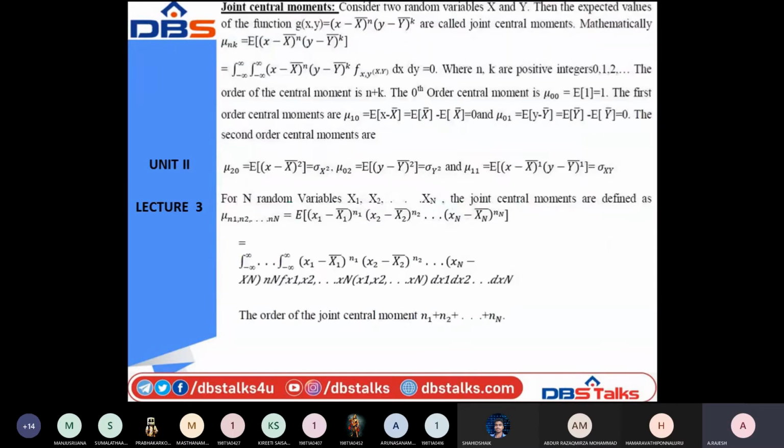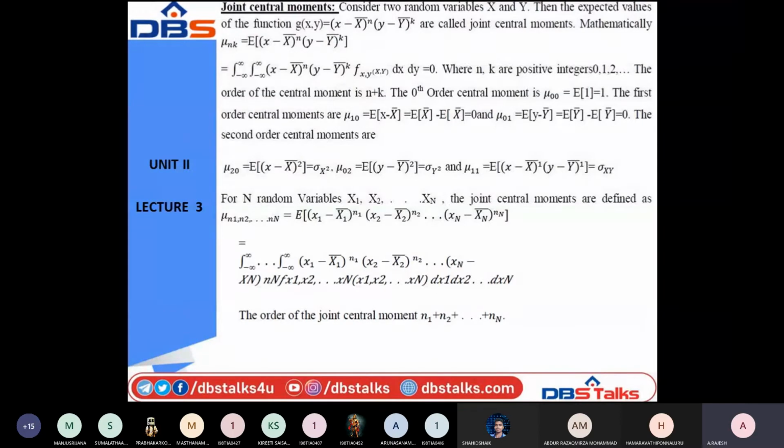So coming to the first one, that is joint central moments. Here we are considering two random variables. We are not considering multiple random variables. We are initially considering two random variables, that is x and y. Then the expected value of the function g of x comma y, in the previous one we have discussed about expected value of a function g of x comma y.